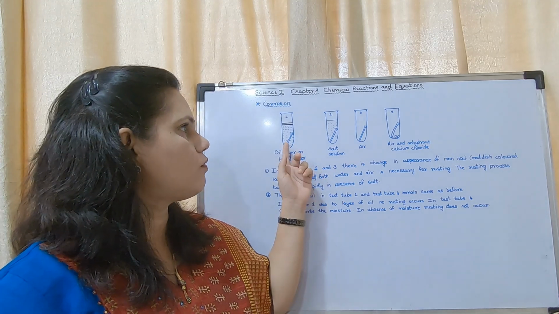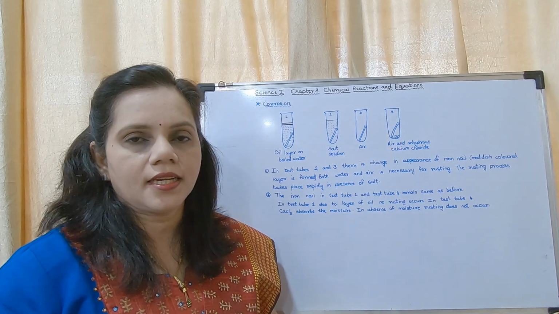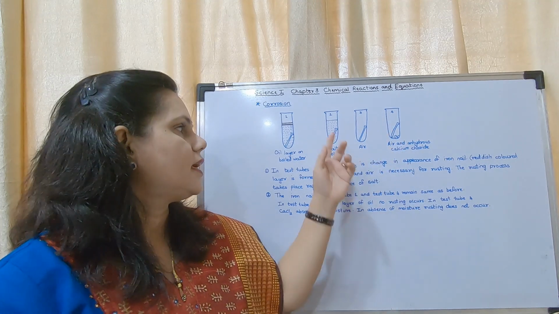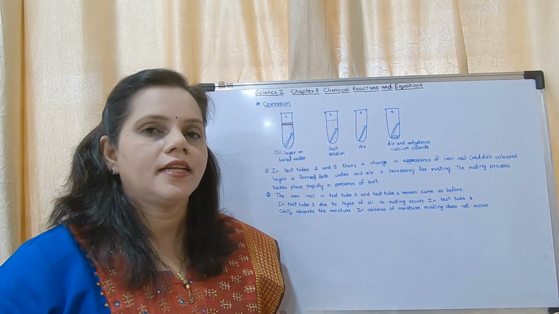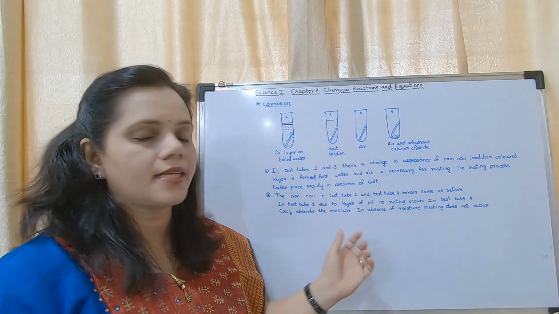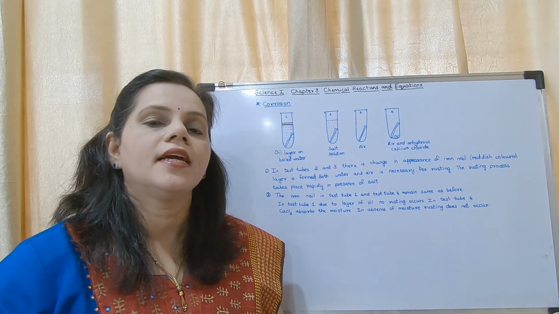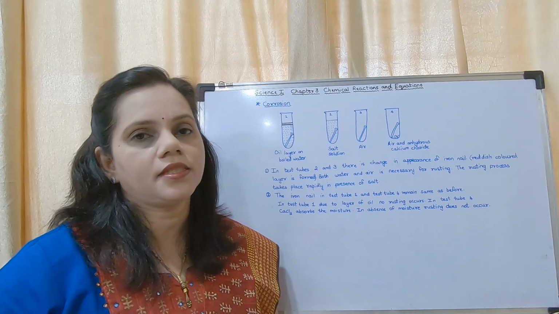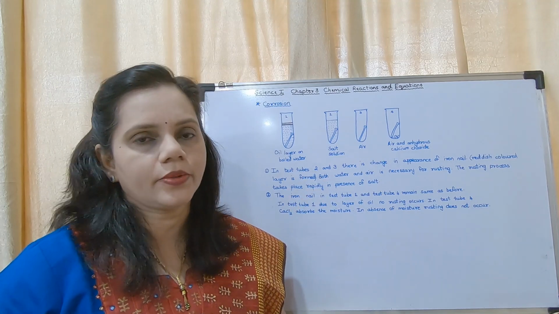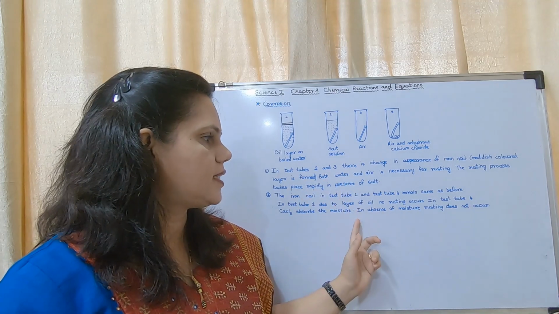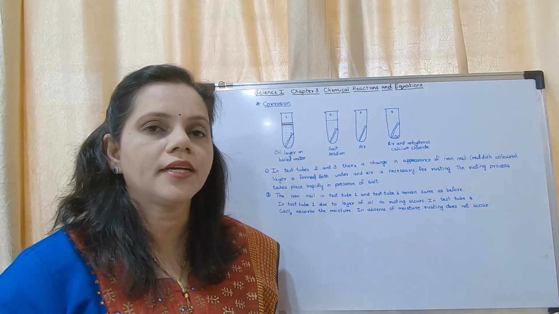So in case of 1 and 4, rusting does not take place. In case of 2 and 3, rusting takes place. This is a 3-mark question which is asked. The diagram is given and the questions are asked. You may write these answers in your textbook itself.